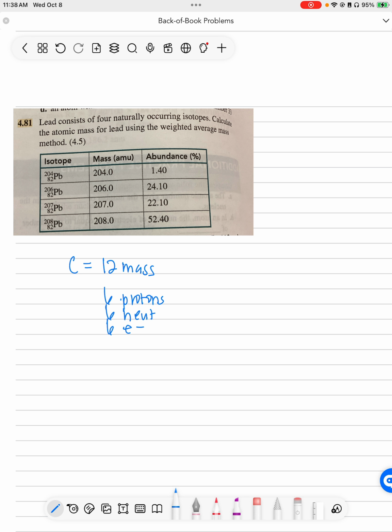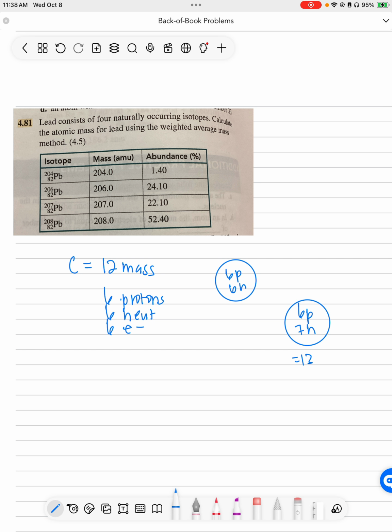So some carbons will have 6 protons and 6 neutrons, right? And then some other ones are going to have 6 protons because that never changes, but they'll have 7 neutrons. And that changes the mass to 13, right? That's our mass now for that isotope. So these are different isotopes. And in nature, all of the elements exist in different isotopes.